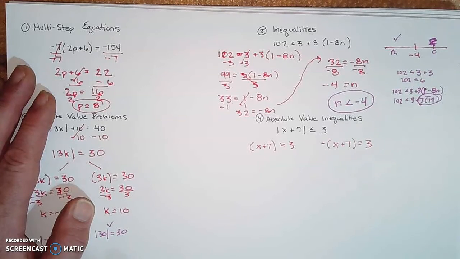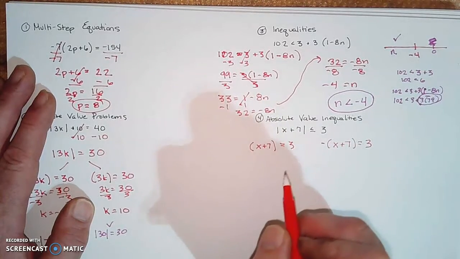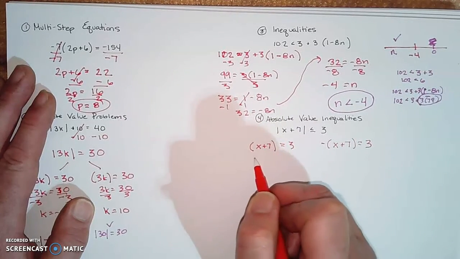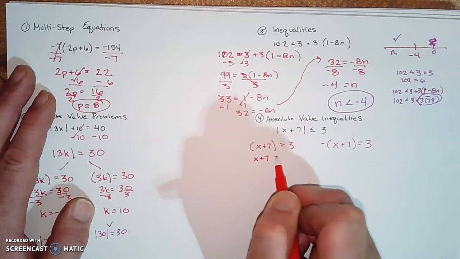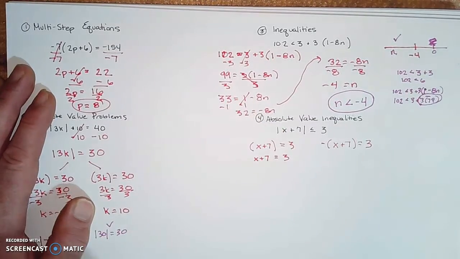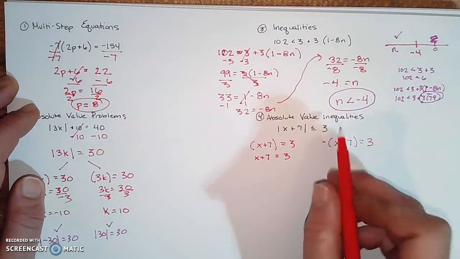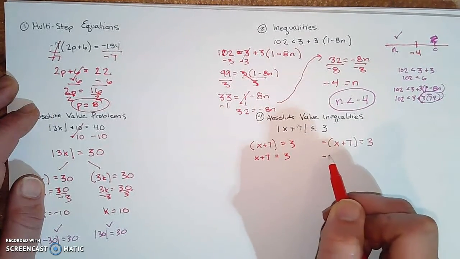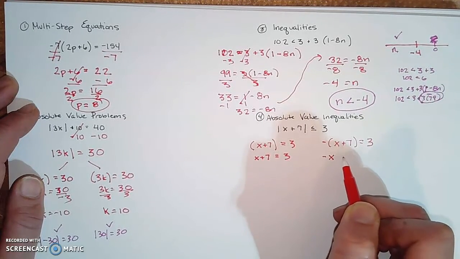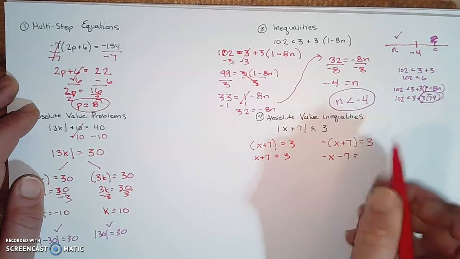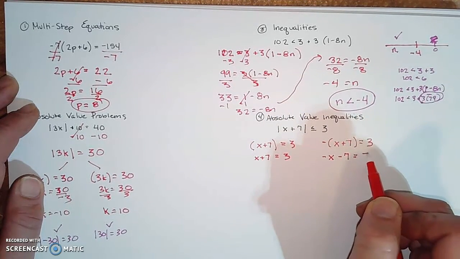I'm going to divide my graph into regions, and I'm going to solve it from there, but I'm going to do equal signs. I'm going to solve the 2 of these. So I'm going to subtract, this is x plus 7 equals 3. Okay, so we're going to keep going here. This is going to become negative x. I'm going to distribute that minus sign, negative x minus 7 equals 3.